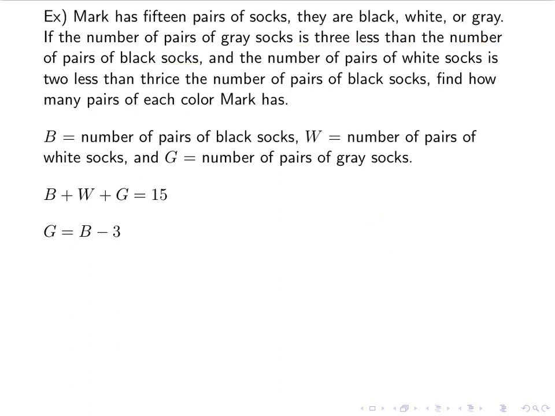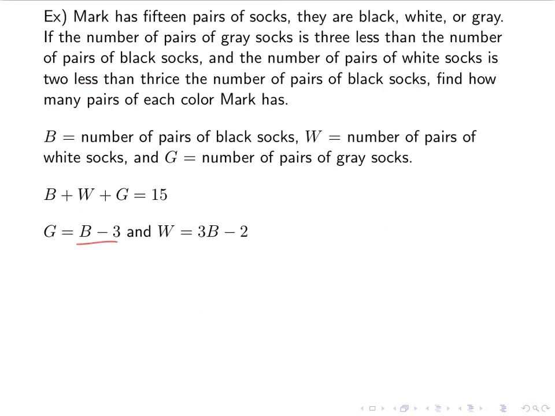And then the next part, the number of pairs of white socks, W, equals 2 less, something minus 2, thrice, 3 times, black socks. So W equals 3B minus 2.